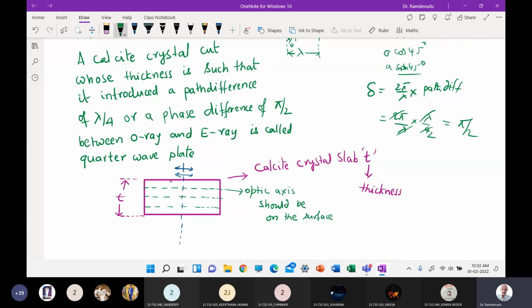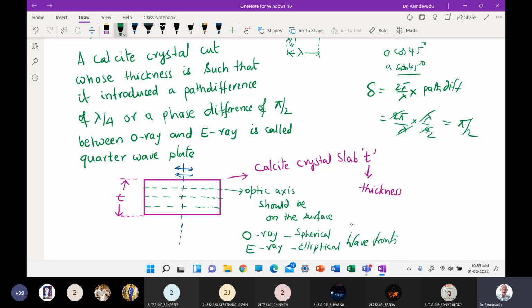Now whenever light falls on the doubly refracting crystal, it splits into O ray and E ray. So we have O ray. O ray will have in calcite, you know, a spherical wavefront. And E ray in calcite, we know that it is elliptical, so we have elliptical wavefronts.